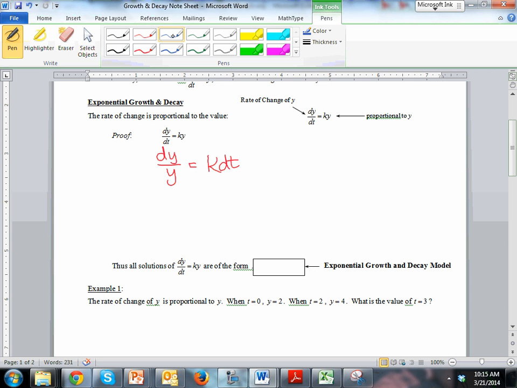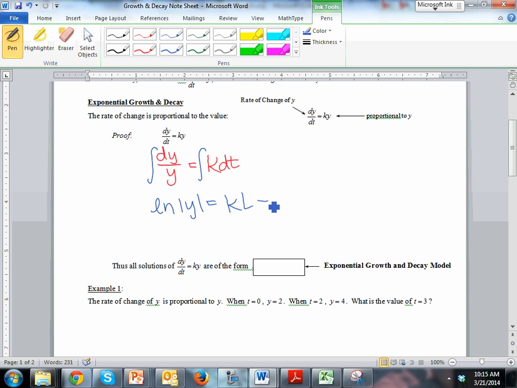Okay, so now let's integrate. What do we have on the left side? And on the right side? K what?